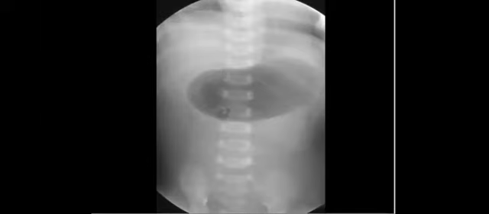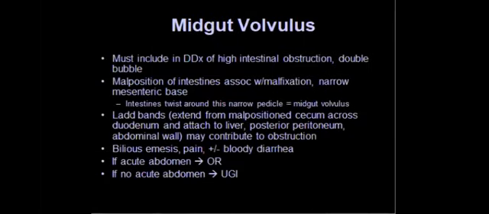This is what is called midgut volvulus, and I can show you the barium upper GI study, and you can try to describe what is happening here.